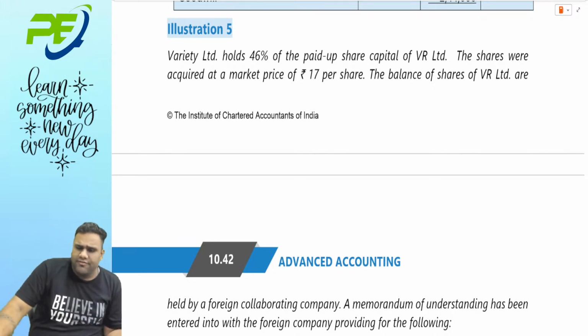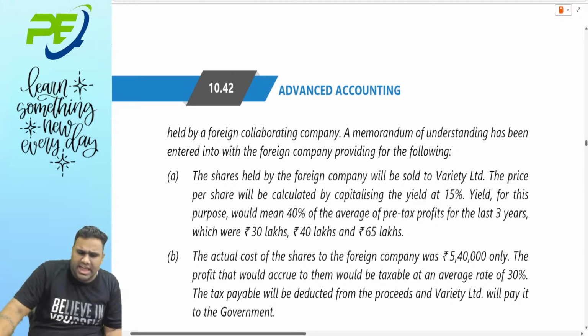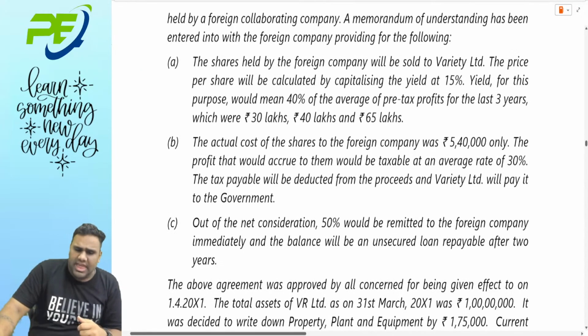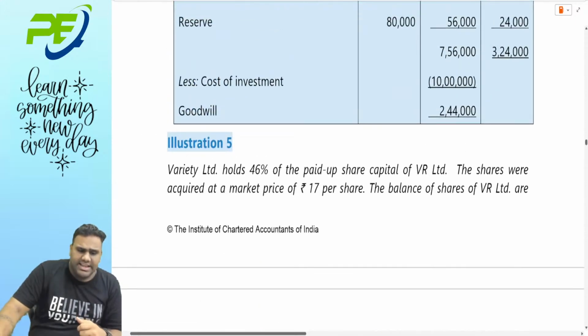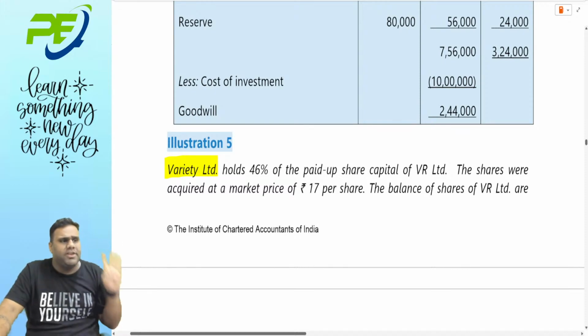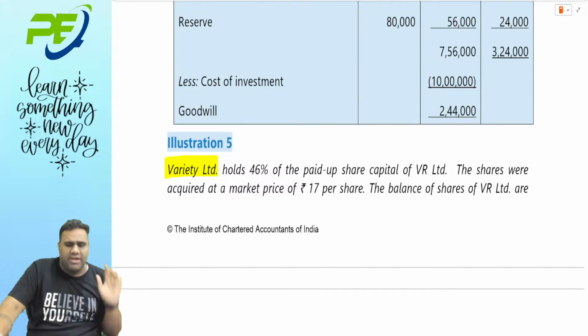The balance shares of VR are held by a foreign collaborating company. A memorandum of understanding has been entered with the foreign company providing for the following. The shares held by the foreign company will be sold to Variety Limited. At present Variety Limited has 46% and the foreign company 54%.